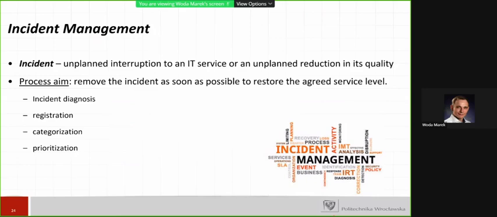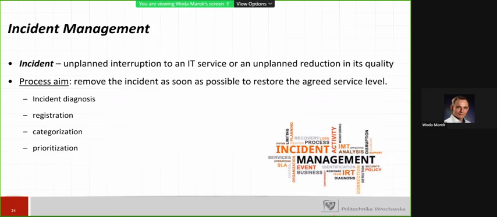So generally, incident management tries to remediate as soon as possible what has happened and provide you either the immediate answer about what has happened, because, for example, we know that our cable main network to the backbone has been broken, or maybe the main router is down, or something like that.